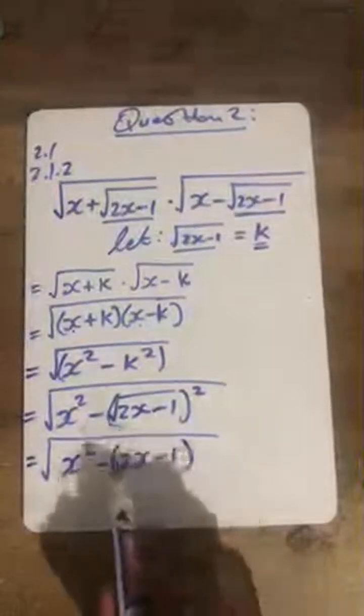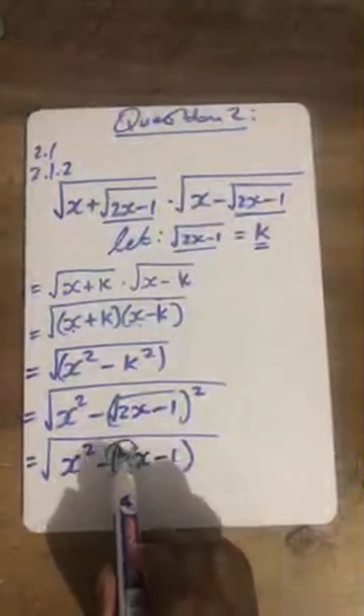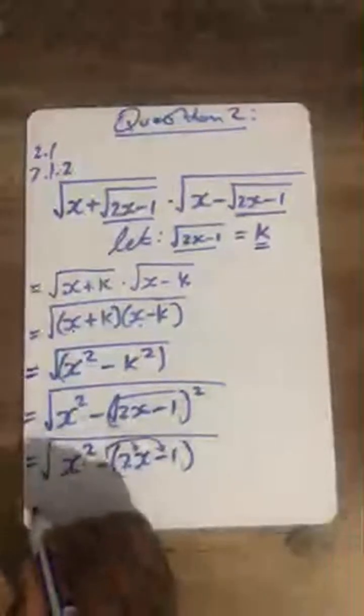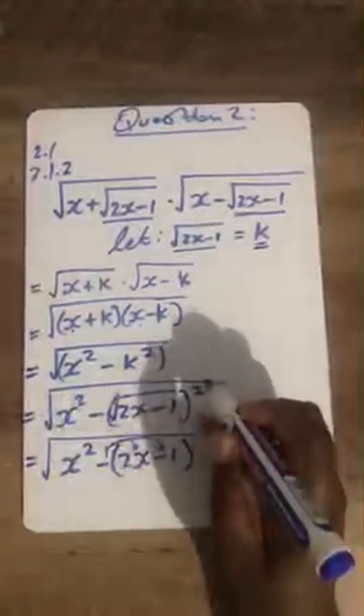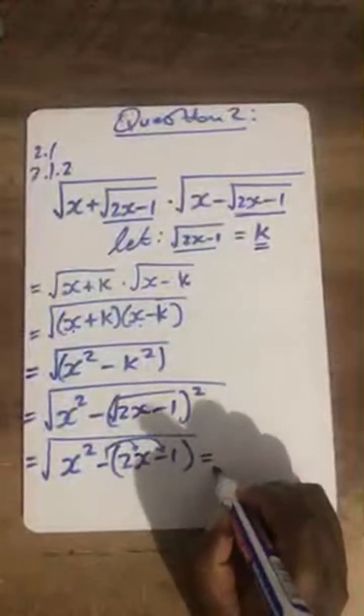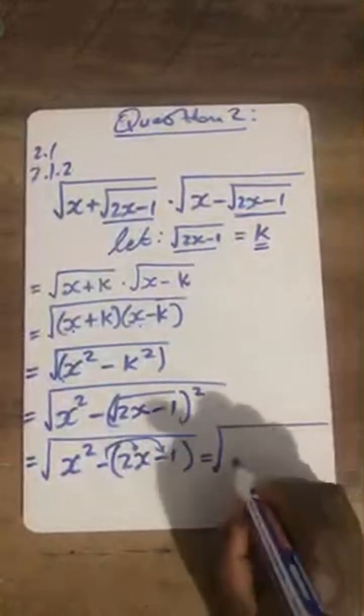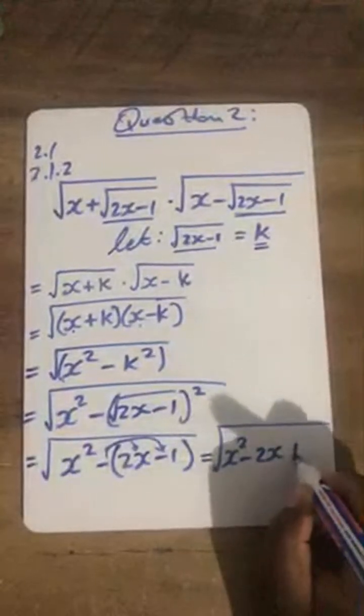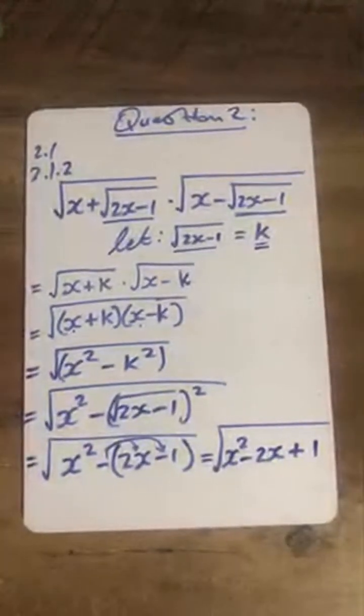And then what you're going to do is to say that times that, that times that. It is going to end up giving us, because of space, let me write it there, x squared minus 2x plus 1.